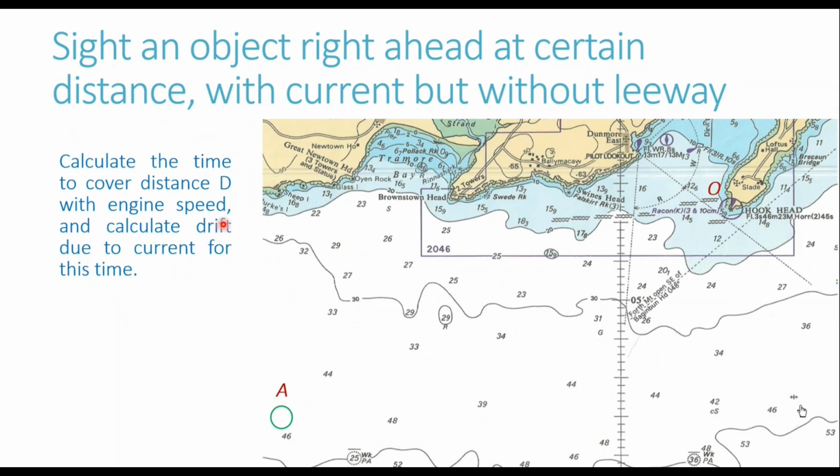For the same time which we have obtained just now. We have just found out the time we need to cover the given distance using our engine speed. In the example we took, it was 1 hour. So we need to find the drift of the current for this period only.